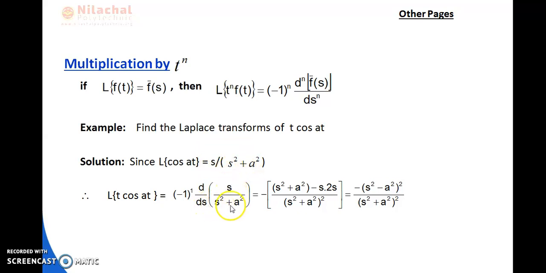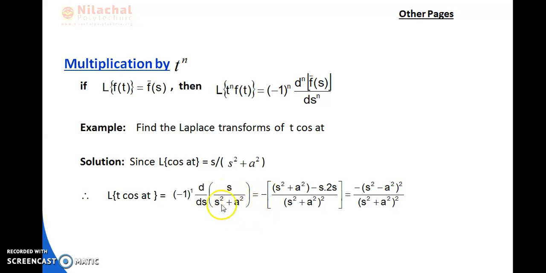For the derivative of u by v, you have to apply the division formula, which is v into derivative of u minus u into derivative of v.